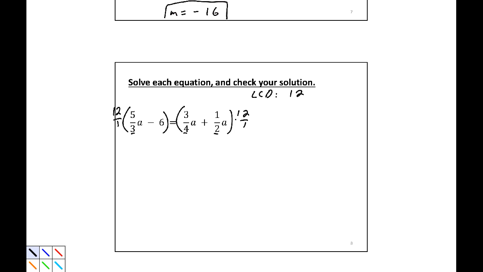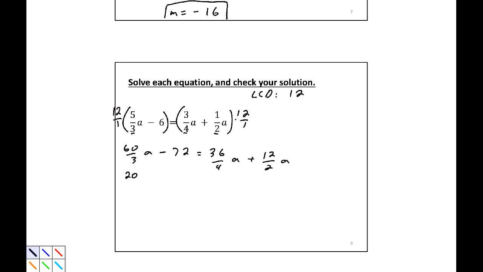The first of these becomes 60 over 3a minus 72. Distributing that, that will be 36 over 4a plus 12 over 2a. 12 times 1 is 12, keep the 2. 12 times 3 is 36, keep the 4. 12 times 5 is 60, keep the 3. 12 times 6 is 72.